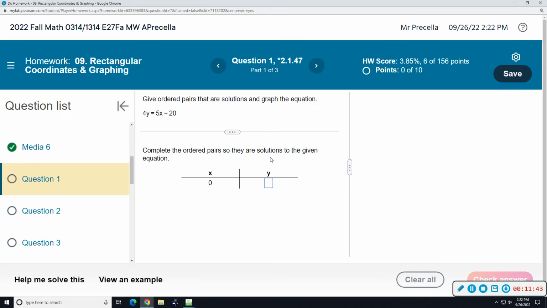Let me write this problem down. 4y equals 5x minus 20. And they have a little table there for us.